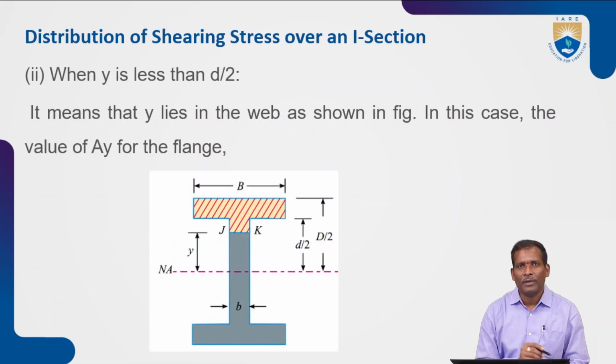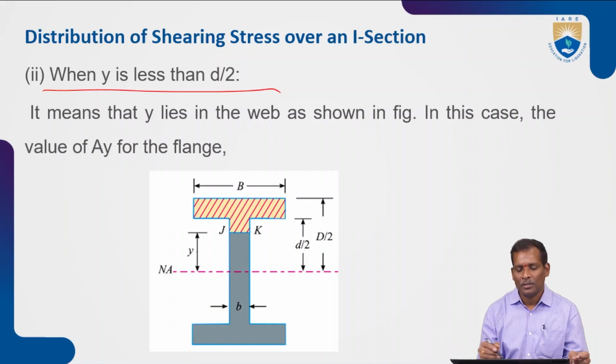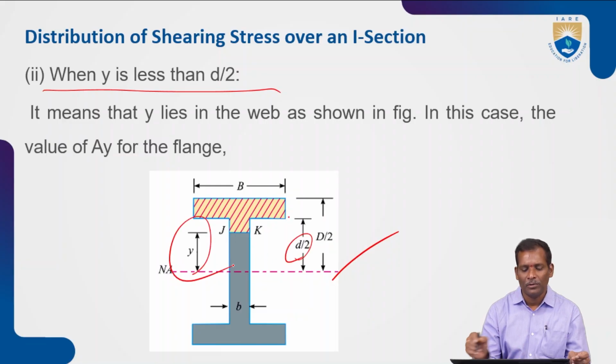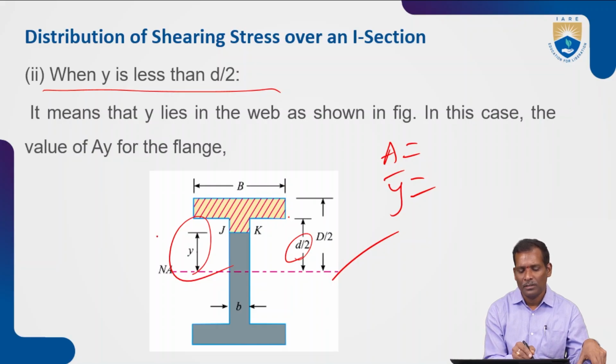So second case, when y is less than small d by 2. So now in this case, the small d by 2 is higher than the y value. Now calculate here area and y bar. Again substitute in the shear stress equation. It means that y lies in the web as shown in figure. The y value, the neutral axis to here, this value lies in the web portion.